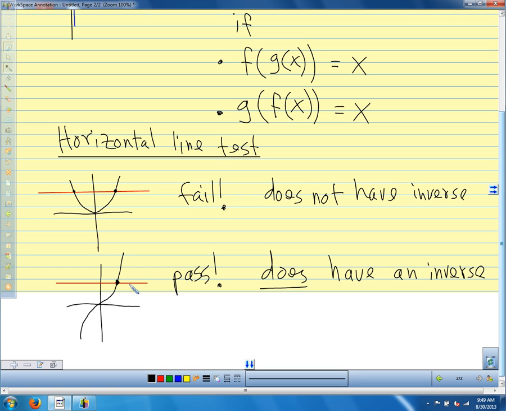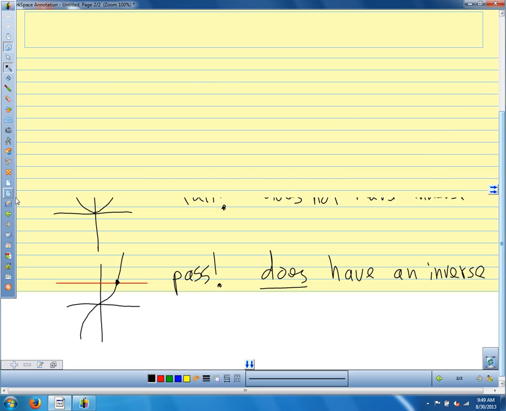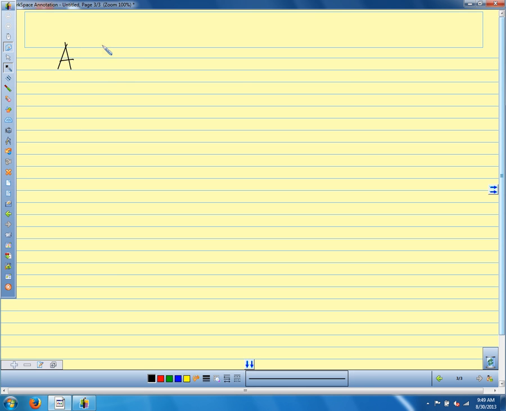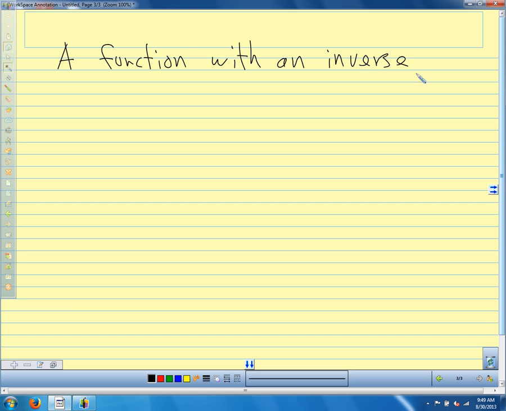Now something special happens when a function does have an inverse. We call that function one-to-one.